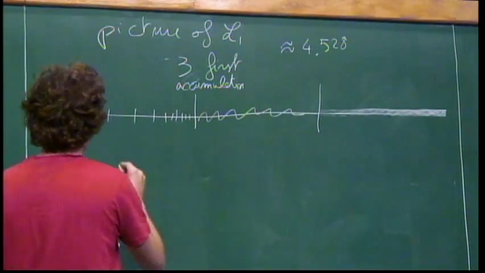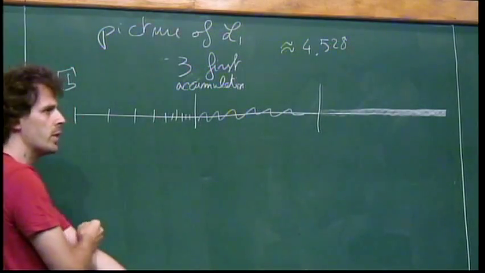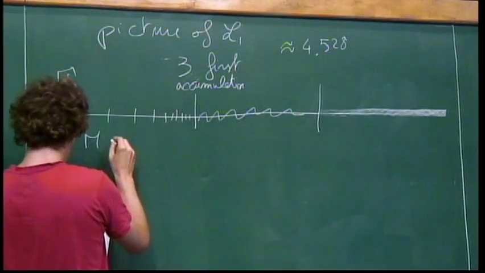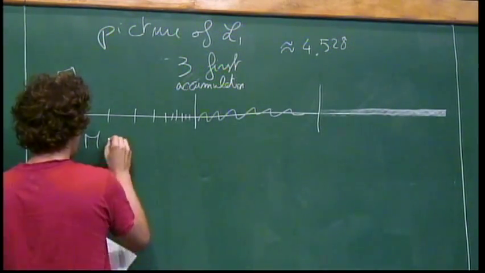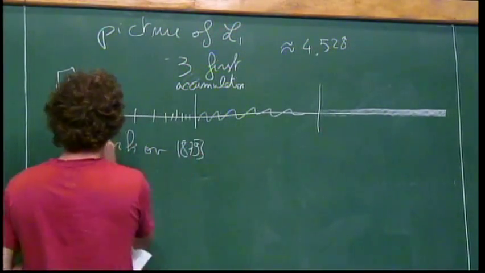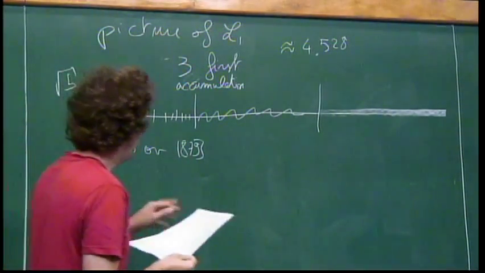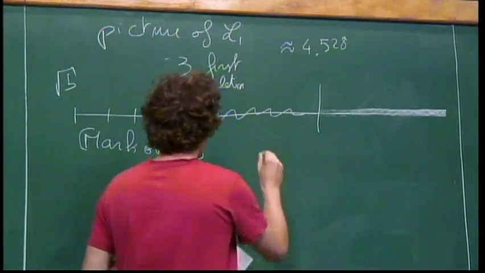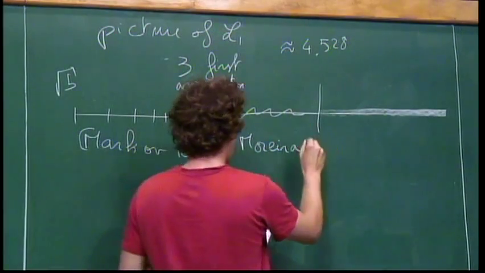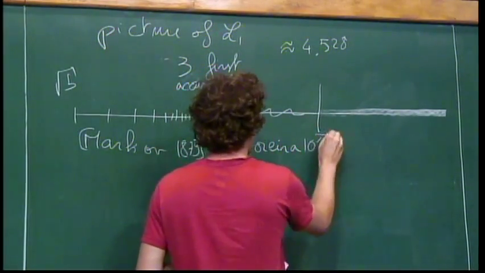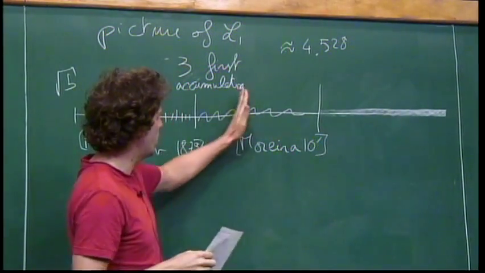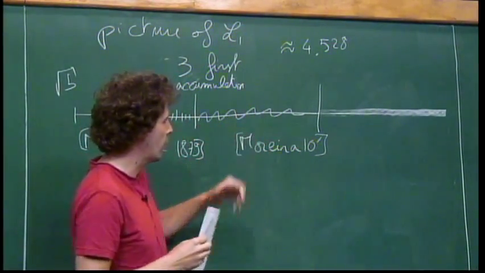So let me tell a bit more. The discrete spectrum is old and is related to binary quadratic forms, and it was studied by Markov. In the middle, we have the very interesting work of Gugu Moreira around 2010 about the Hausdorff dimension, how it increases as you go to the right.